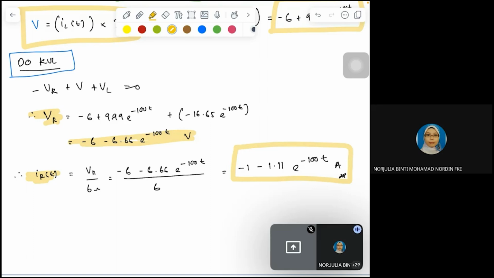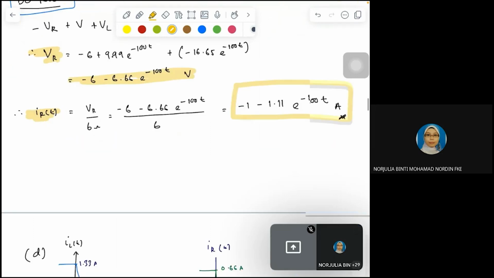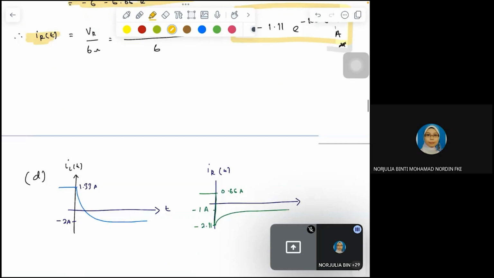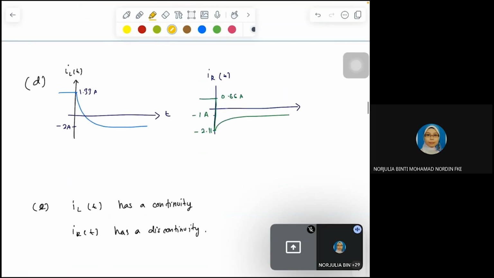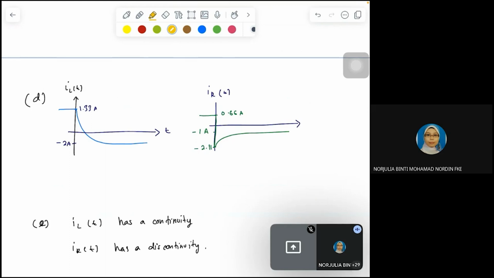And then after that, at D, the question requires you to sketch. How to sketch? What you can do is plot the expressions one by one.